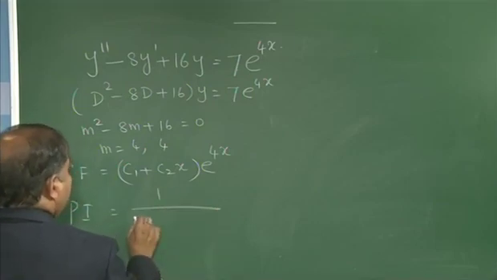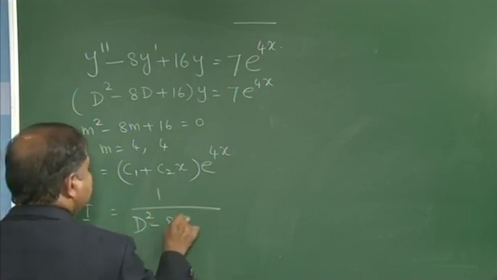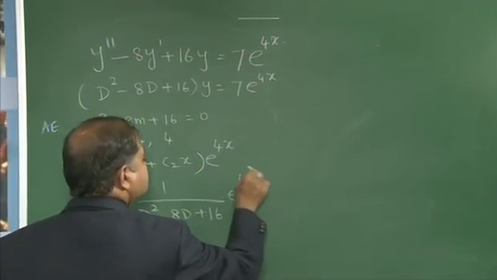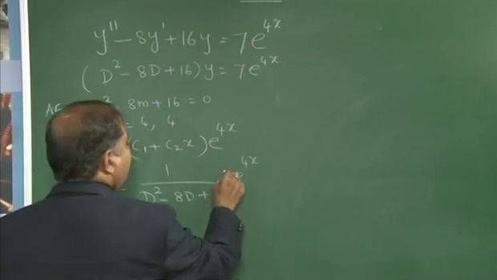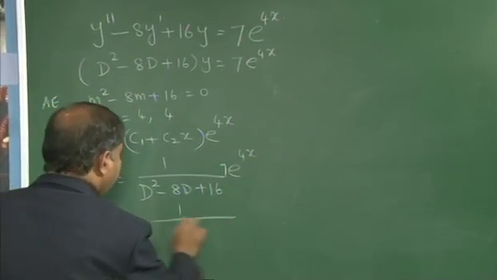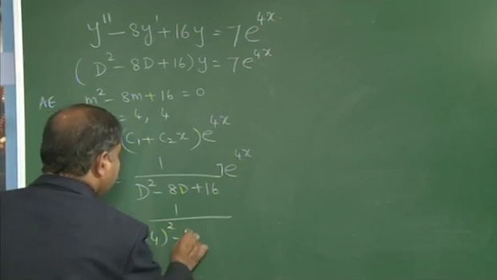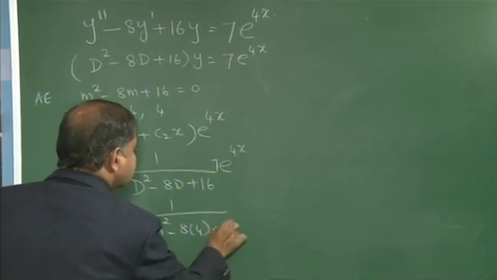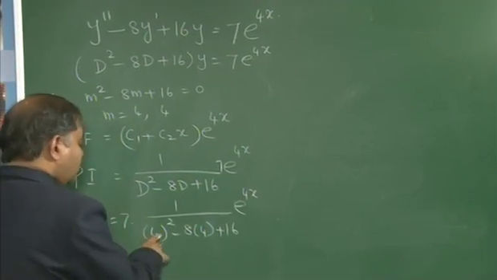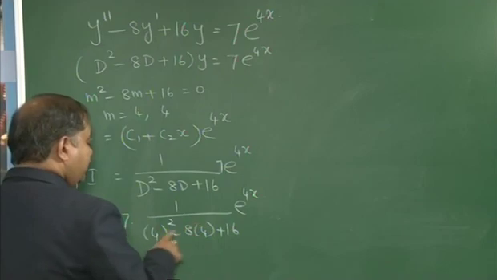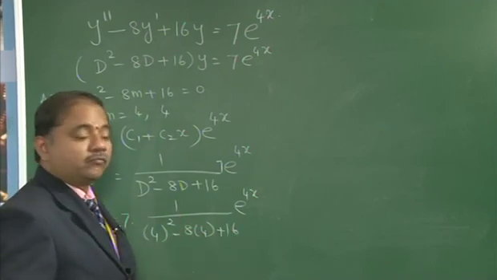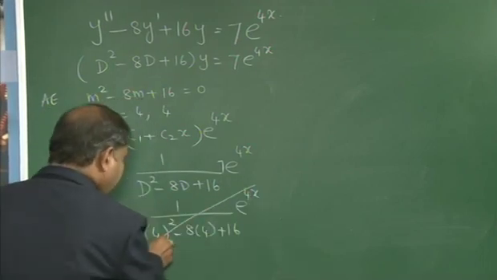Inverse differential operator: 1 by D squared minus 8D plus 16 acting on 7 e power 4x. Setting the 7 aside, 1 by 4 squared minus 8 into 4 plus 16. See here, 4 squared is 16, 16 plus 16 is 32, minus 8 fours are 32. So the denominator is becoming 0.